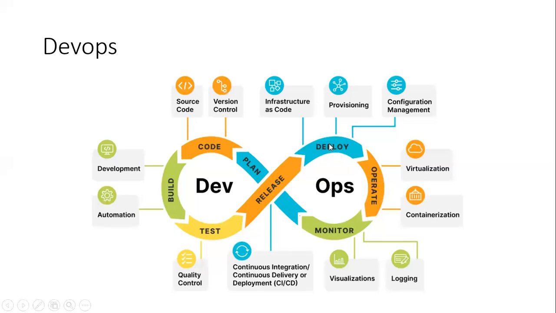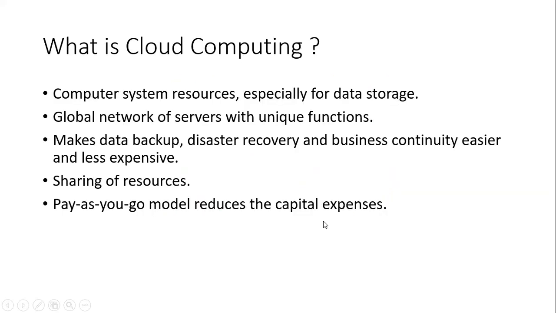Then we deploy. We basically have different commands and different URLs. We deploy it and we operate. We do certain operations and modifications, and we also keep monitoring. Monitoring is nothing but regular maintenance.